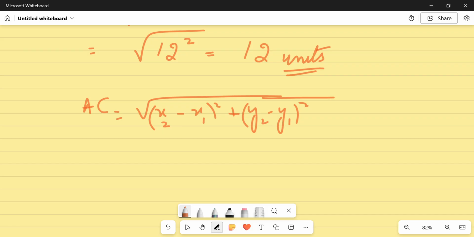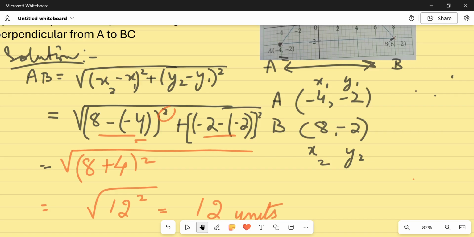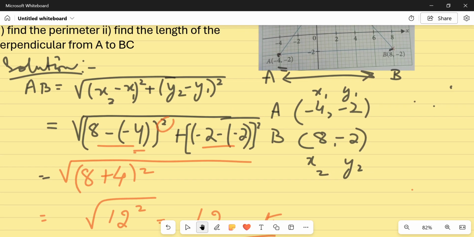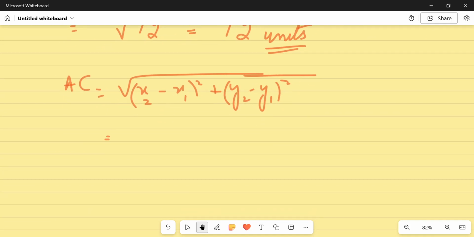Check the A coordinates in the question: they are -4 and -2, and the C coordinates are 12 and 6.